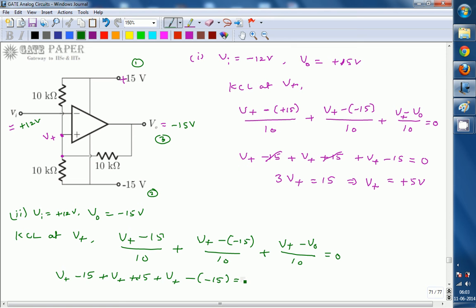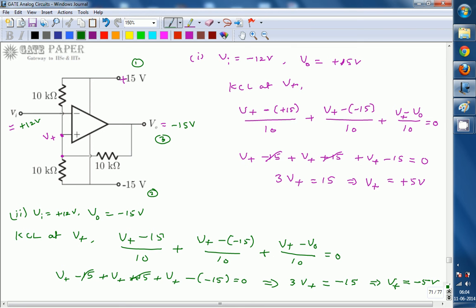From this, the minus 15 and plus 15 cancel, so you will get 3V plus plus 15 is equal to 0, and if you take that plus 15 across it becomes minus 15. From this you get V plus, the voltage at the non-inverting terminal, as minus 5 volts.